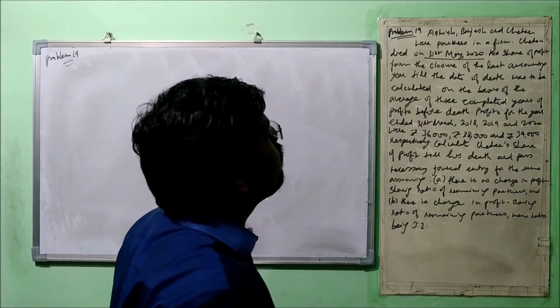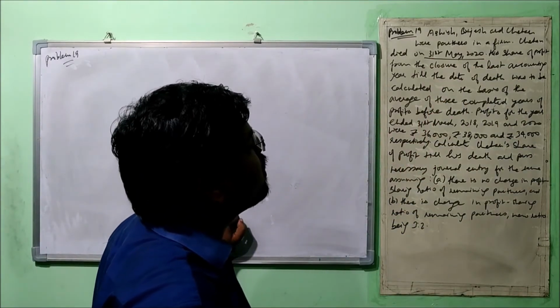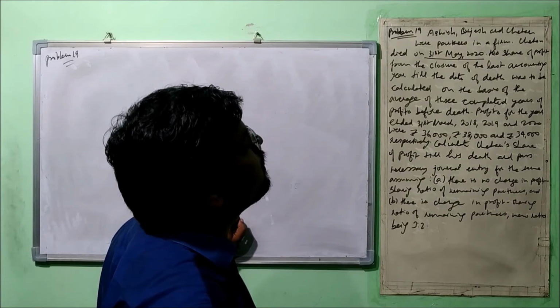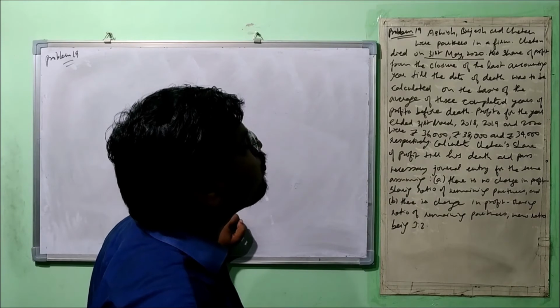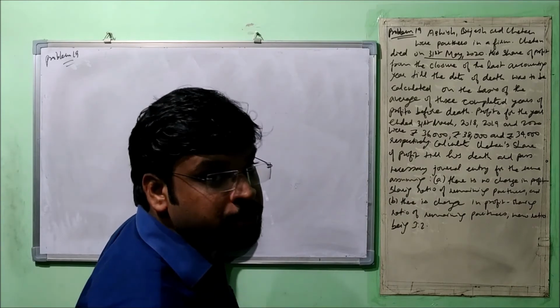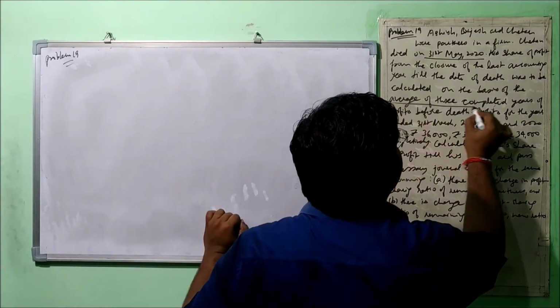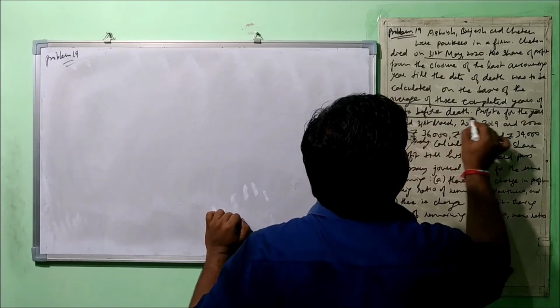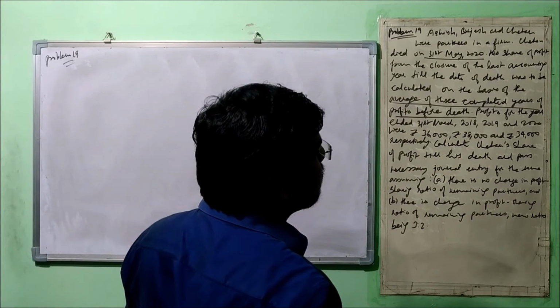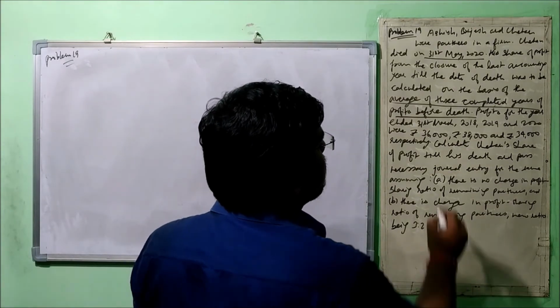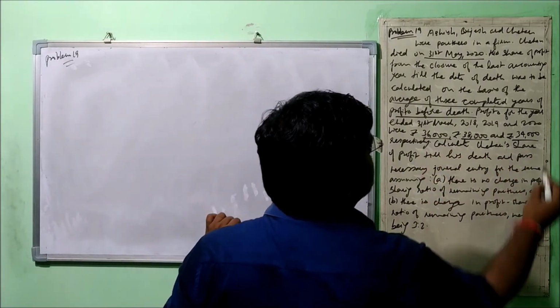His share of profit from the closure of the last accounting year till the date of death was to be calculated on the basis of the average of 3 completed years of profits before that. Means time basis. Profits for the year ended 31st March 2018, 19 and 20 were 36,000, 38,000 and 34,000.